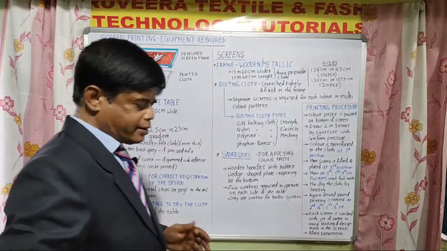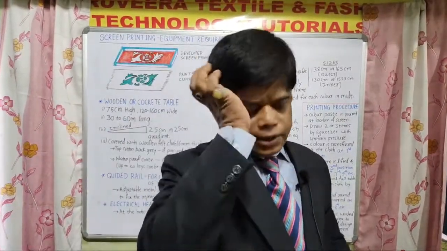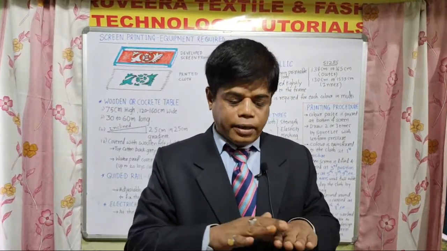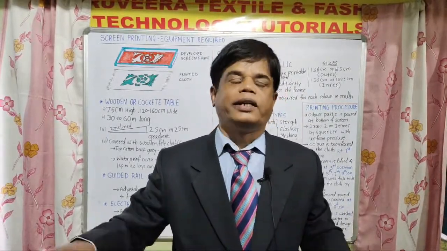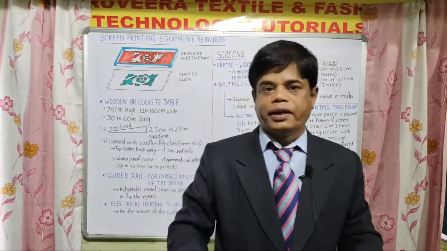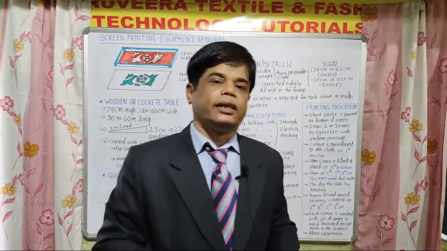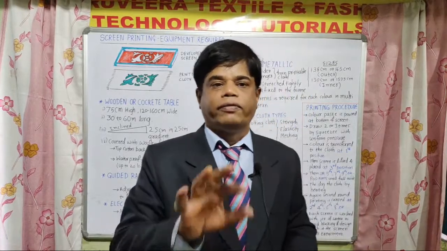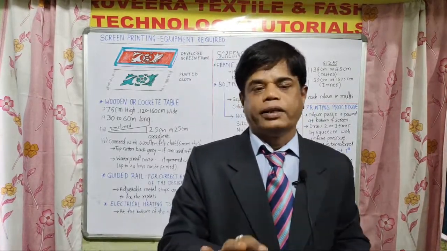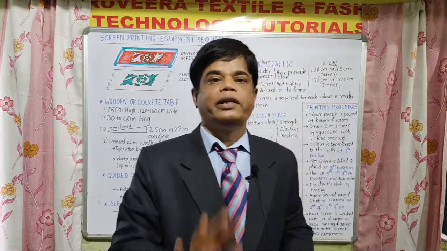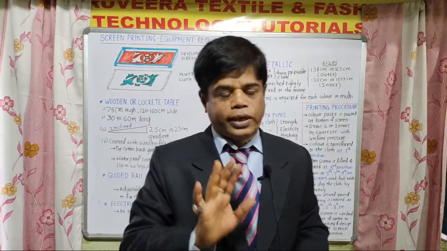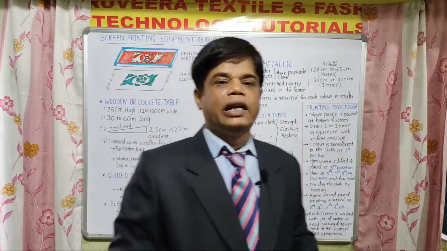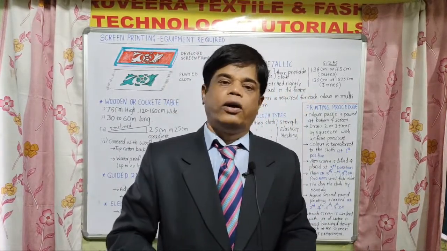Next, another thing included in the table is the heating system. Once the fabric is printed by screen printing, whatever ink, color ink, has entered into the fabric, the ink on the design part of the fabric should be dried immediately. To facilitate drying, a heating system is there. The heating system can be electrical heating or hand heating.